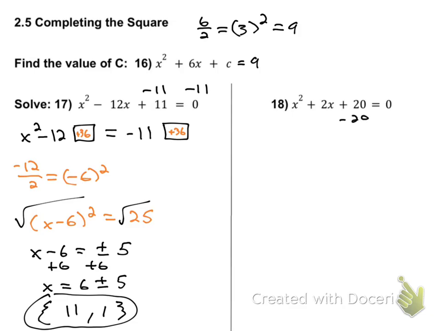18. I'll subtract 20. So I've got x squared plus 2x box equals negative 20 box. It's a terrible one.